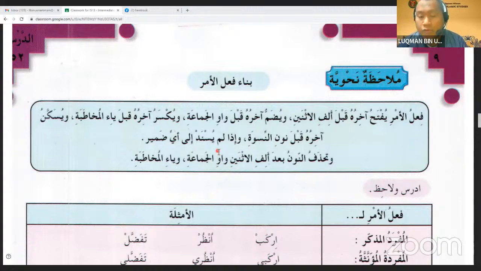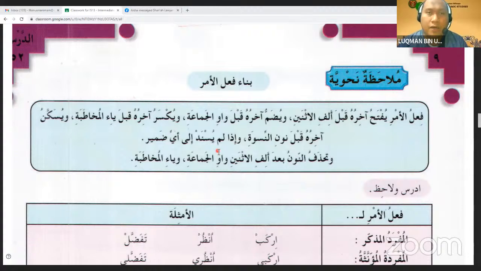The other two tenses, the perfect tense and the imperative tense, the fi'l madi and the fi'l amr, both of them are static. They are not dynamic in ending. Kaya tinatawag siyang bina o mabni yun.